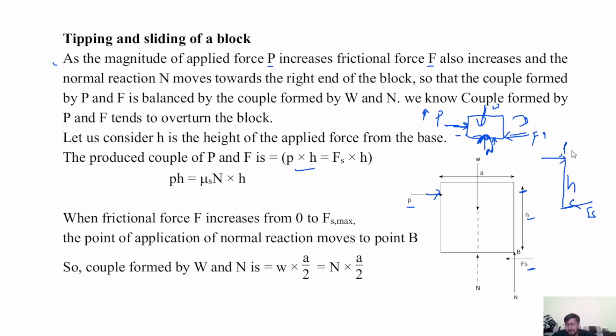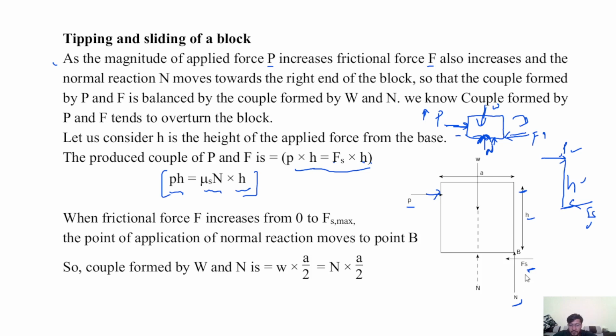So this is the same, P into h or Fs into h. So we can say Ph is equal to Fs into h, means mu s into N into h. So Ph is equal to mu s into N into h. So when the friction force F increases from 0 to Fs max, the point of application of the normal reaction moves to point B.